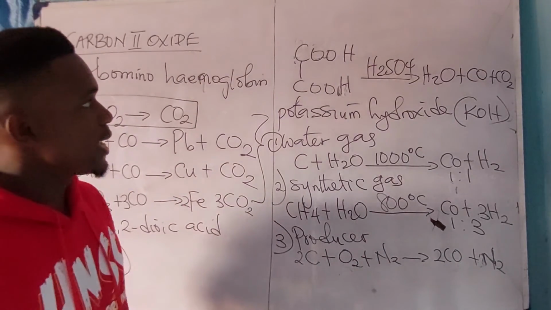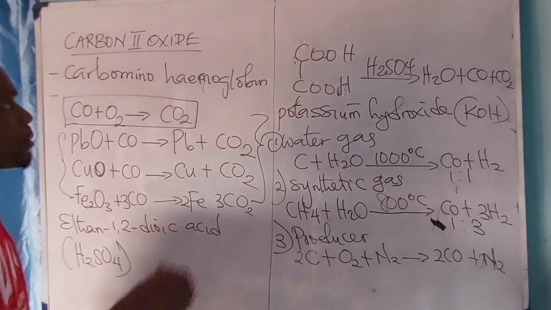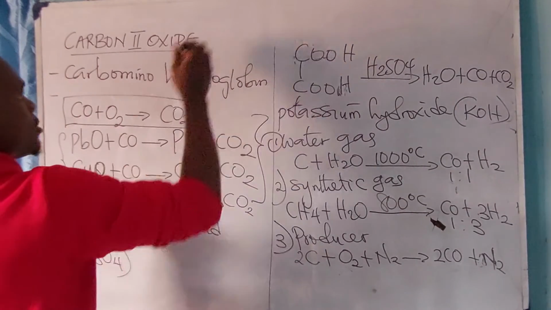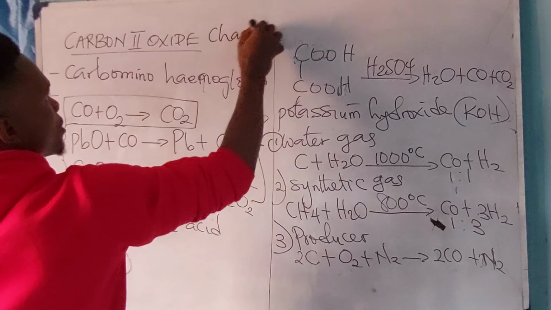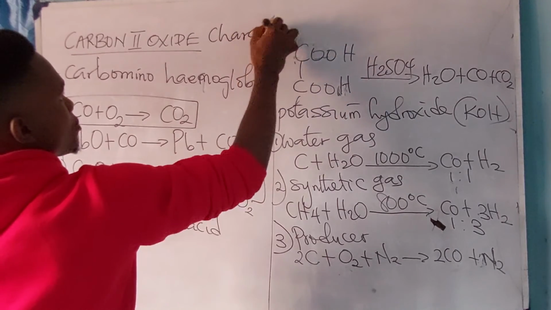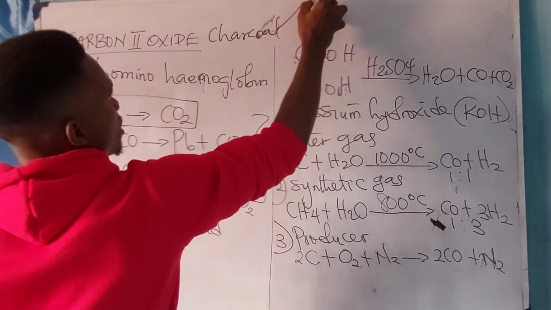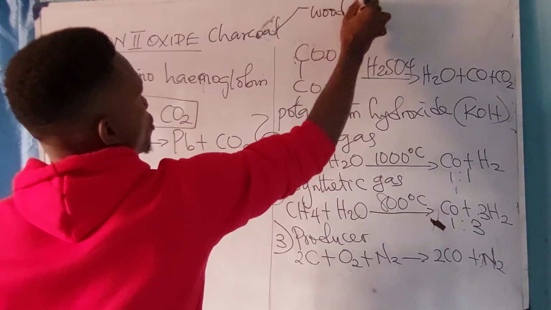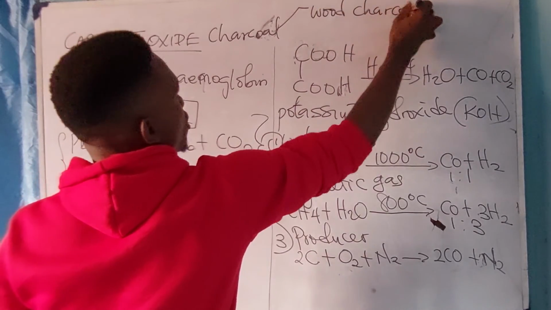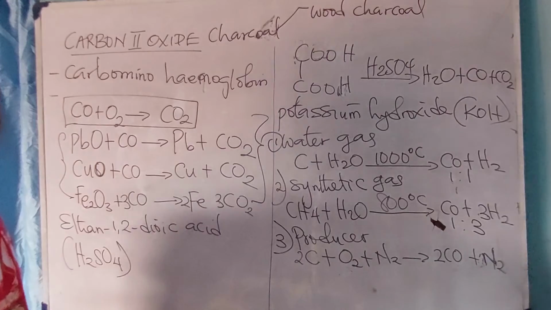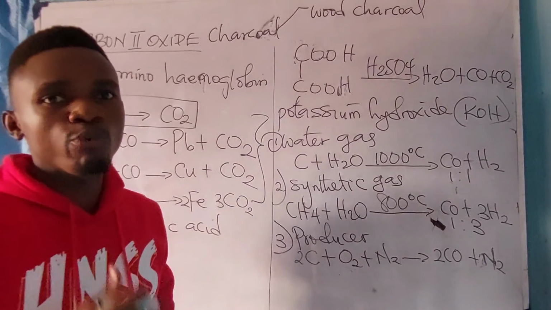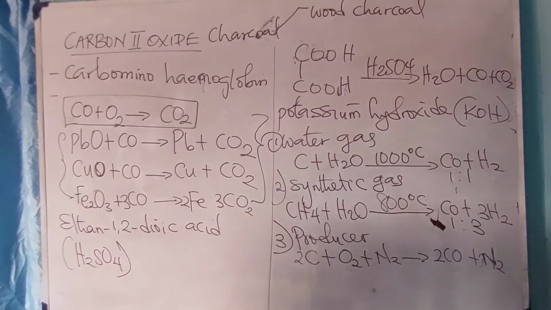Take note of that. And let me also give us the types of charcoal. There are three types of charcoal. They are the wood. This wood charcoal is gotten from the burning of wood, and it is used to absorb poisonous gas. The wood charcoal is used to absorb poisonous what?